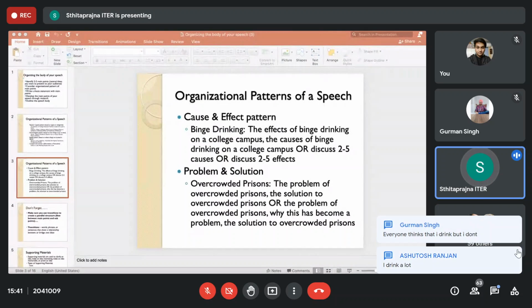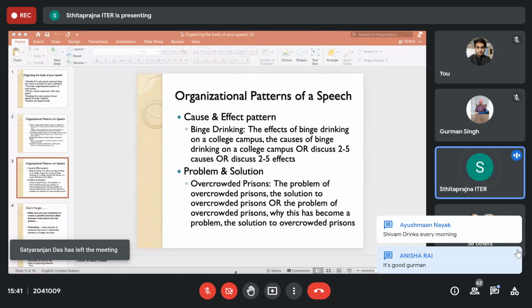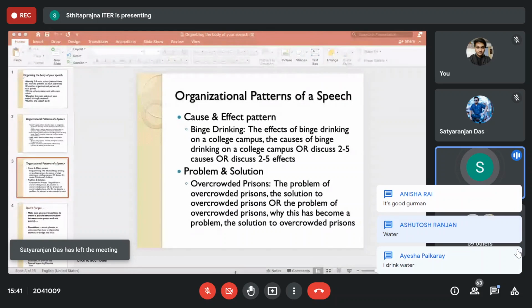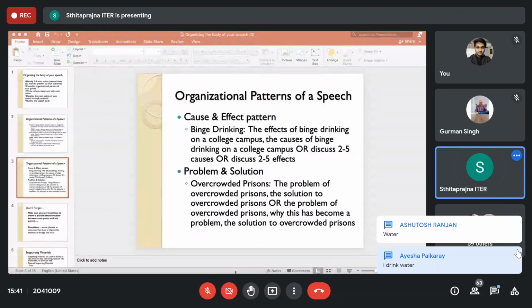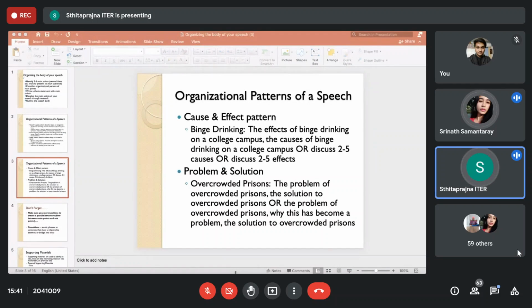Oh, that's good, Gurman. Yeah, Ashutosh. Oh, you're so fascinated with the word drink, no? Drink, boozing. How can you forget Ishi? I'm sure his dogs drink it too. Ishi is not there in the class, I guess.